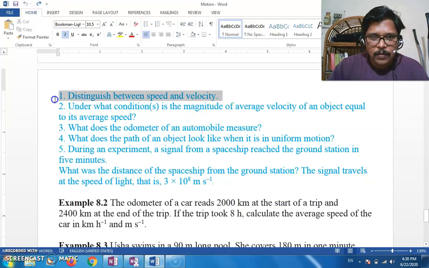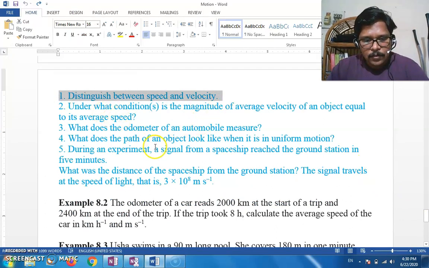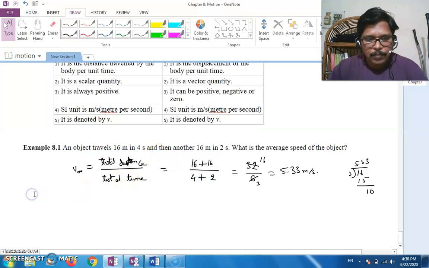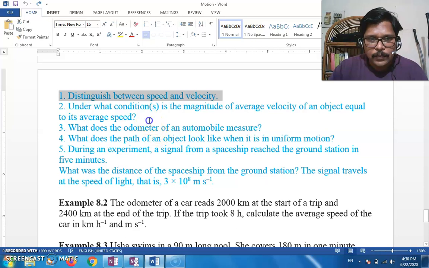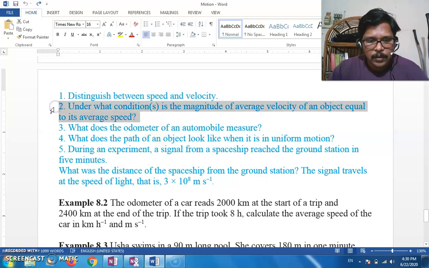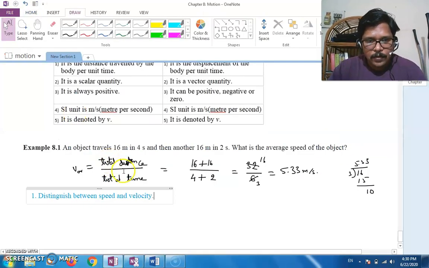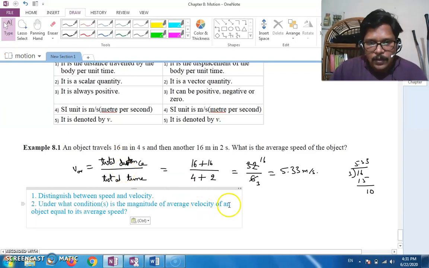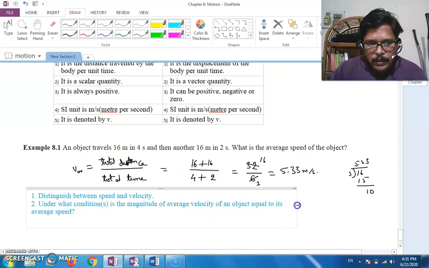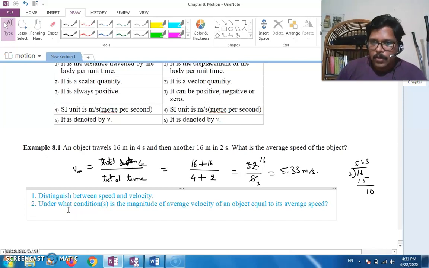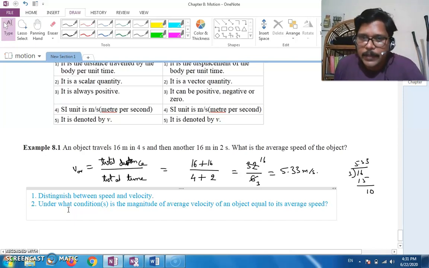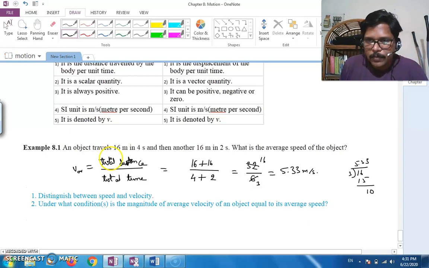Distinguish between speed and velocity. We have written some points above on the distinction between speed and velocity. So the next question I'm going to put: under what conditions is the magnitude of average velocity of an object equal to the average speed? Average velocity and average speed can be the same if distance and displacement are the same.